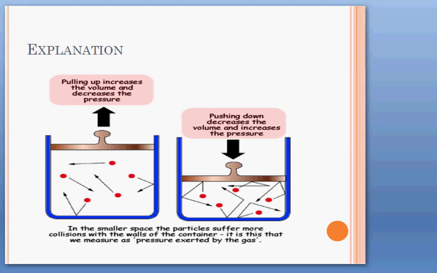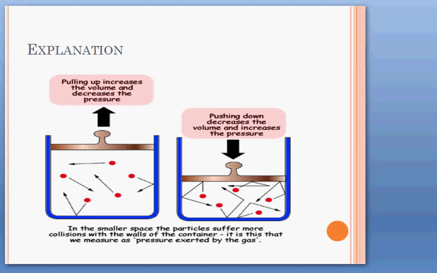Because the molecules get more and more space, they collide faster, and the kinetic energy goes on increasing, so the volume of the gas goes on increasing. In the second container, if we push down the piston, we are increasing the pressure, and the volume of the gas decreases.